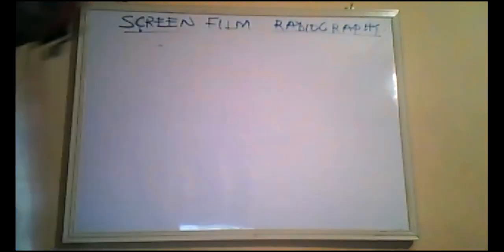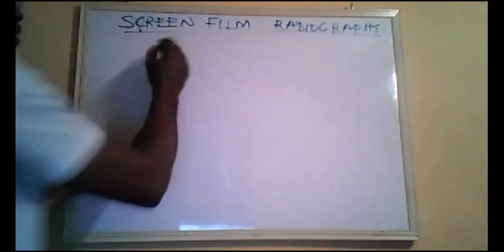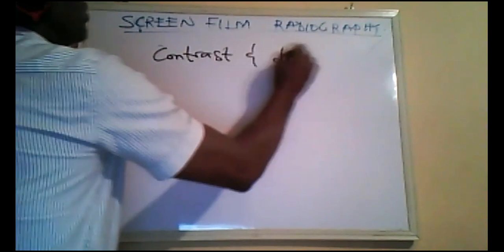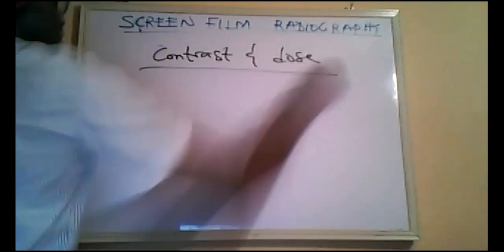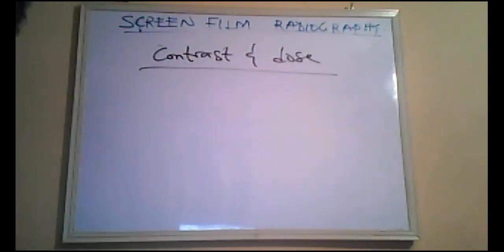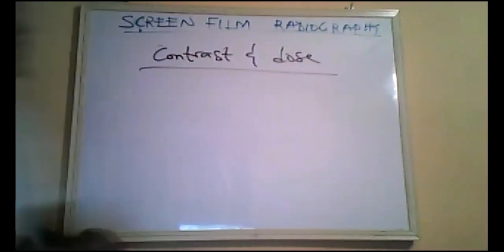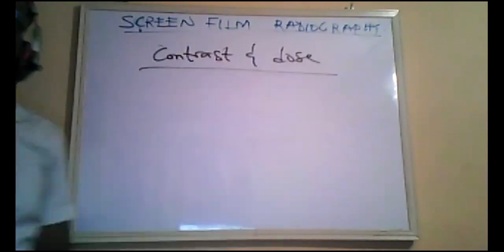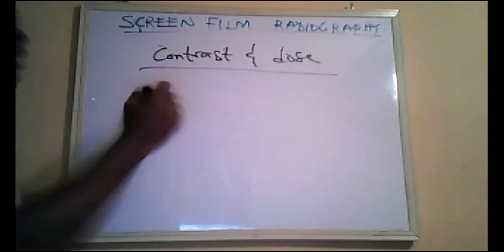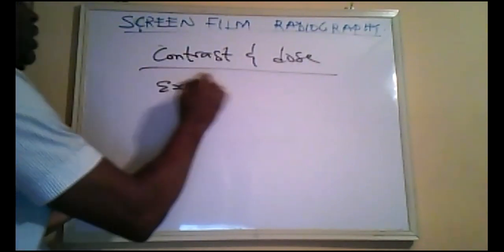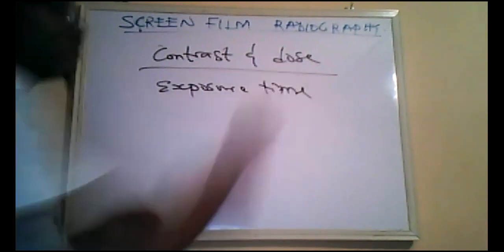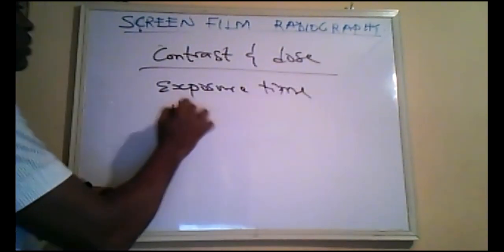Now I want to look at contrast and dose in radiography. There are so many factors that contribute to differences in contrast and dose in radiography. Exposure time is one of them. The thickness of the patient is also a factor.